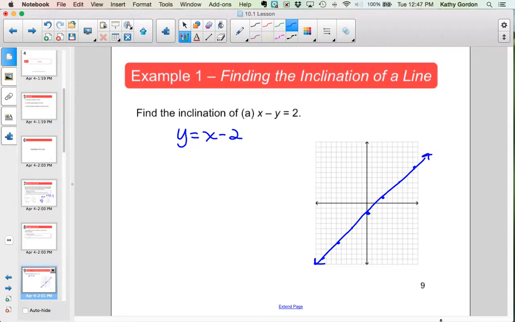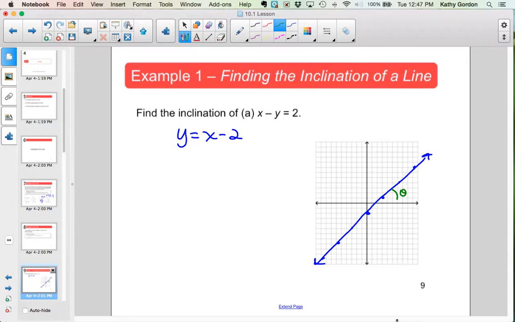So in this case, what I'm looking for is right here. That angle that's being created by the line and the x-axis. And again, it's the one that would be rotating from standard position, which would mean starting at the x-axis and rotating counterclockwise to get there. Okay?